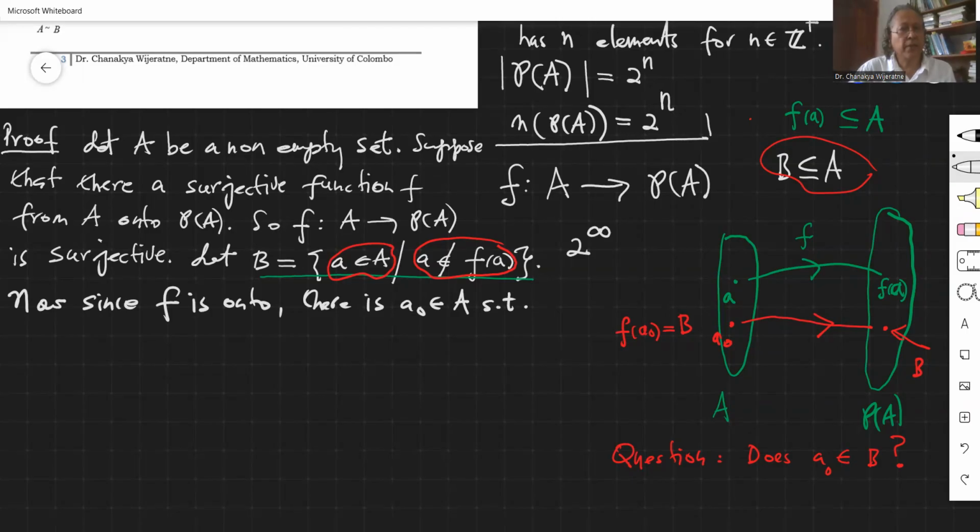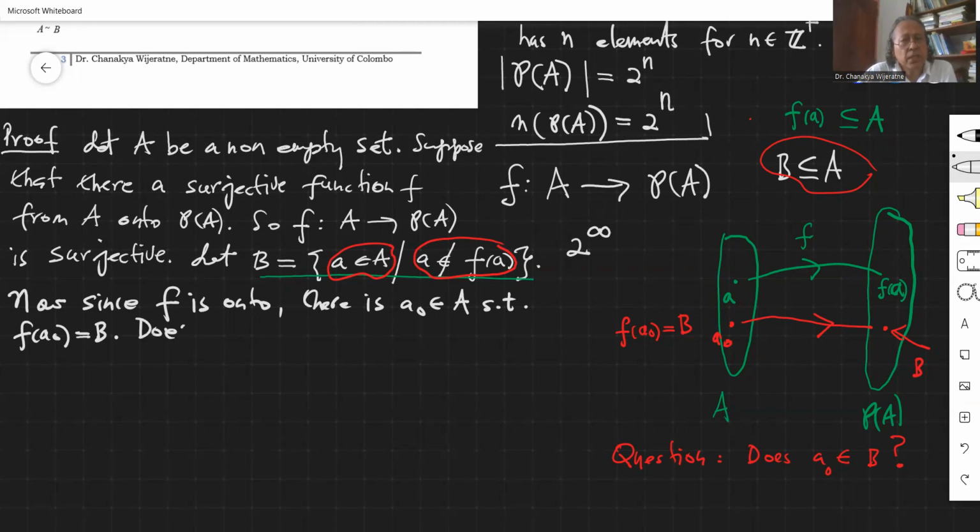Such that f of a naught is equal to B. Okay, right. Now Cantor's great question, right? It's a great theorem because he asked a great question, right?